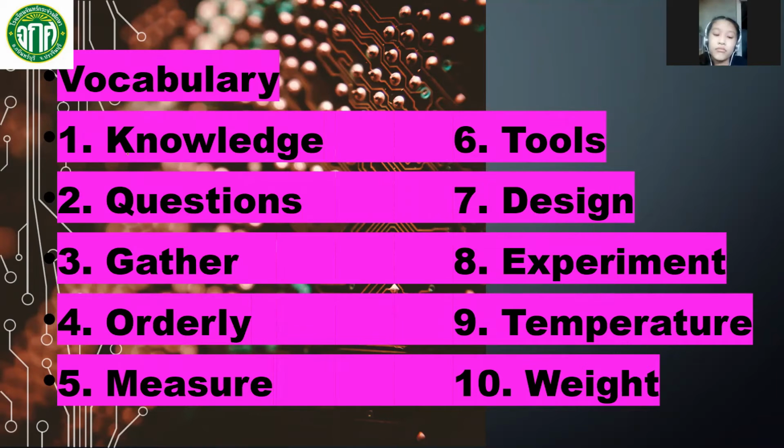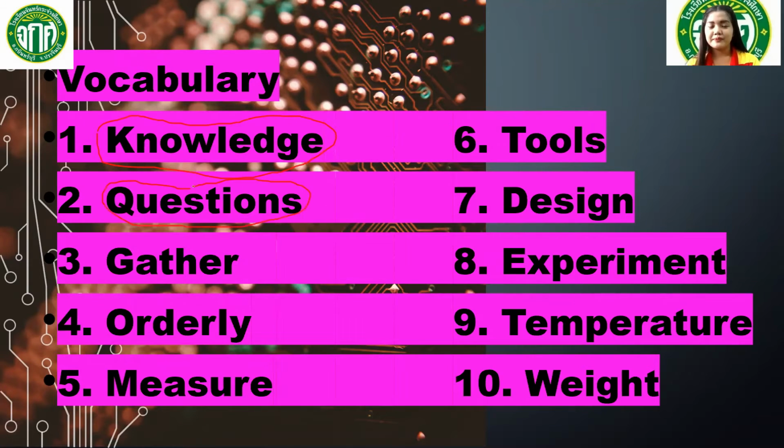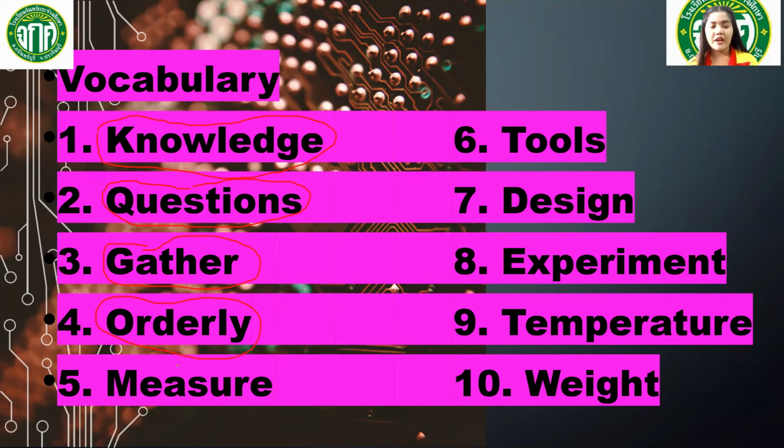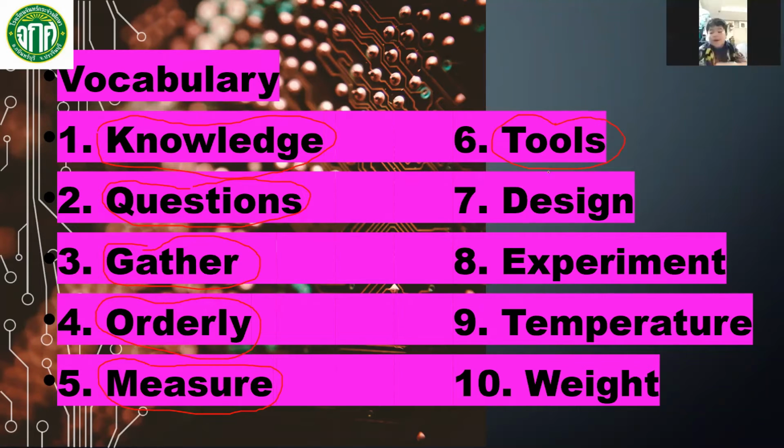Okay, you follow teacher. Let us read. Number 1, knowledge. Number 2, question. Number 3, gather. Number 4, orderly. Number 5, measure. Number 6, tools. Number 7, design.